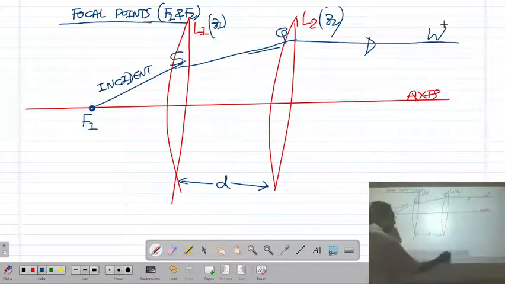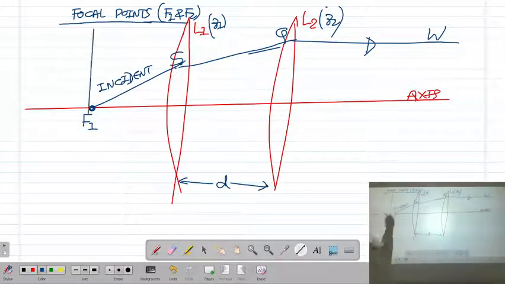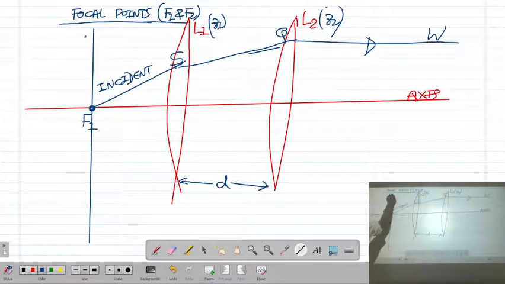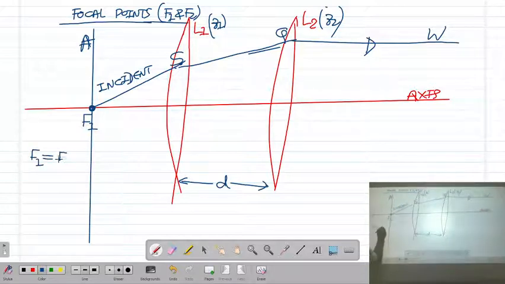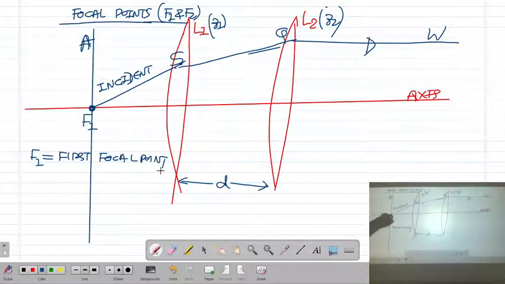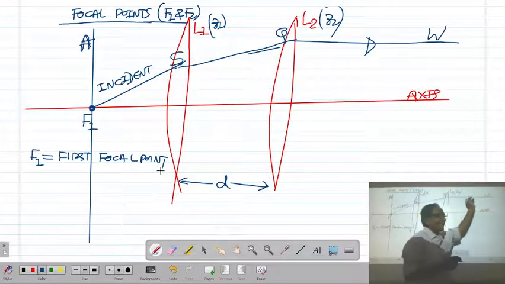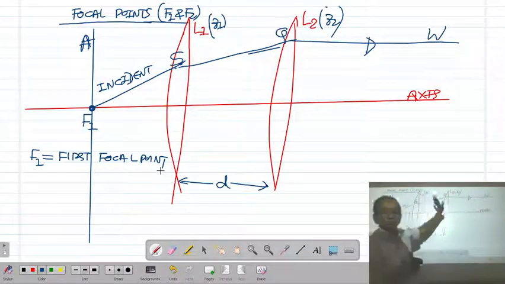The plane passing through the first focal point F1 and perpendicular to the axis is called the first focal plane. The ray of light emitted from the first focal point F1 will become parallel after refraction through the optical system.